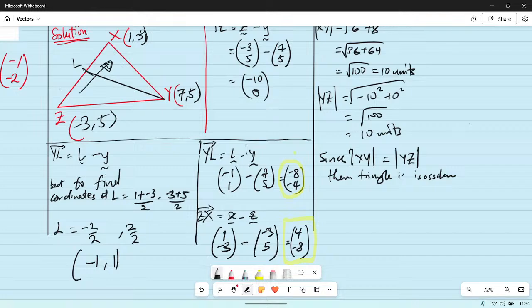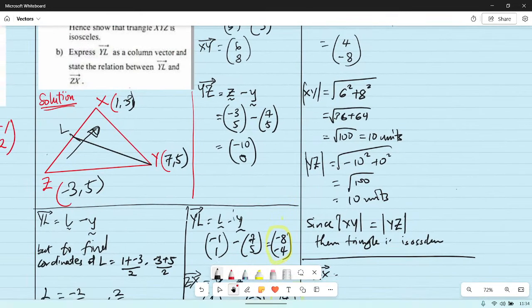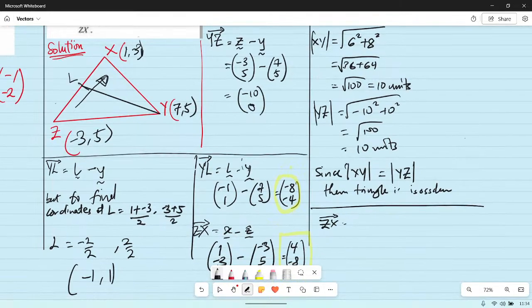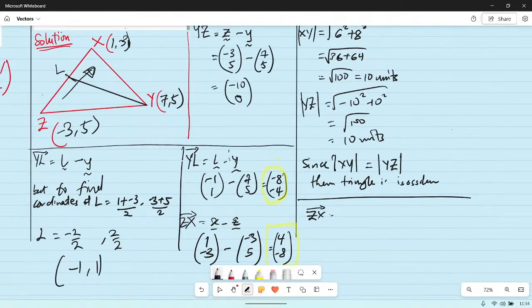Let's use another way to find ZX. If you're moving from Z to X, let's see if you can draw some conclusions from the diagram. Z to X can be YL.